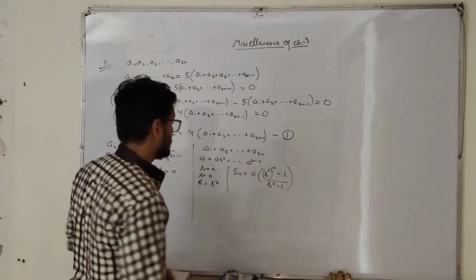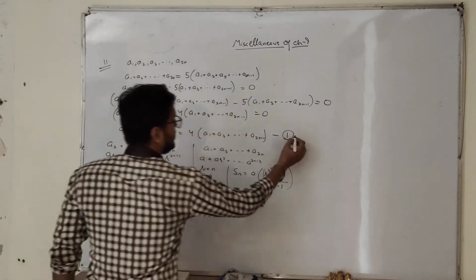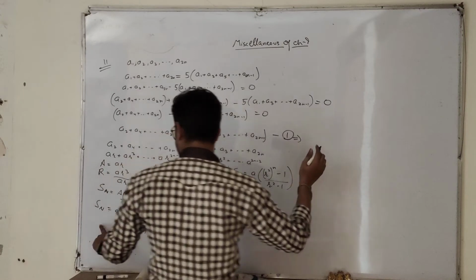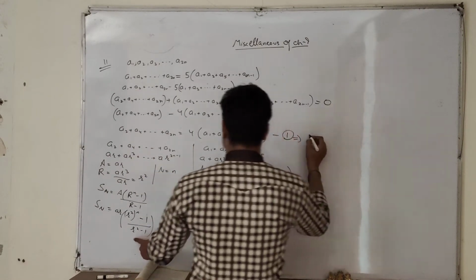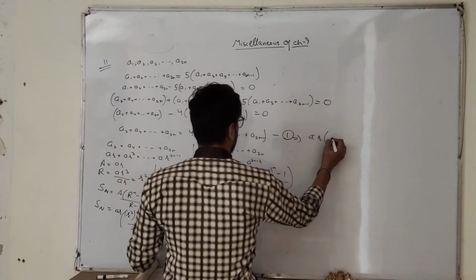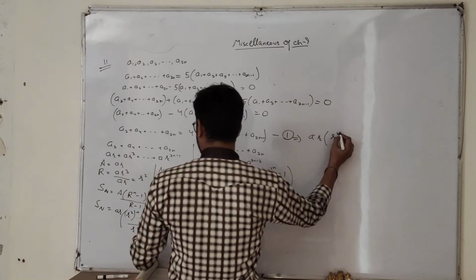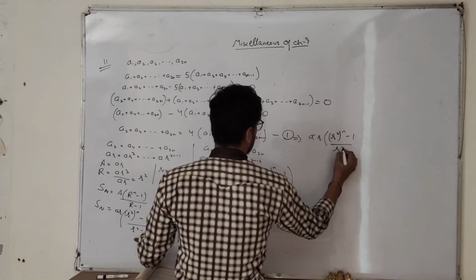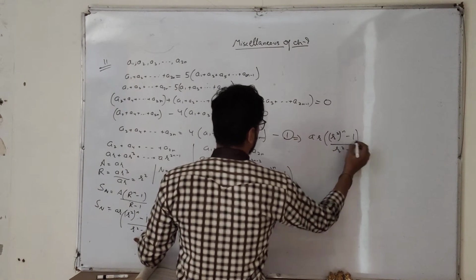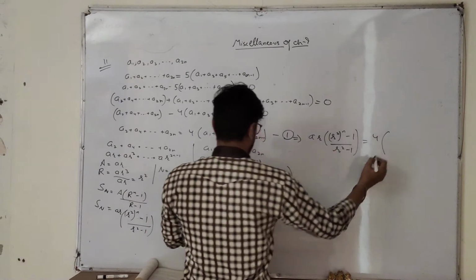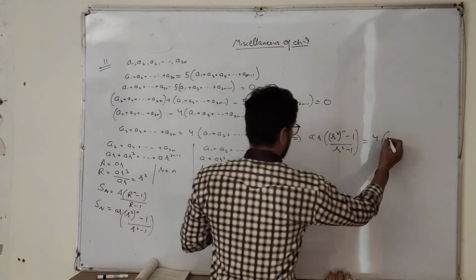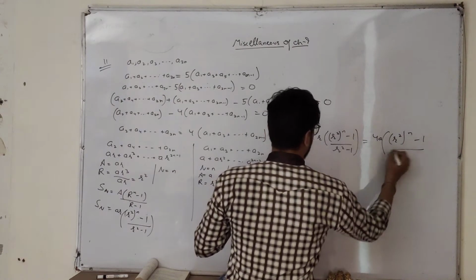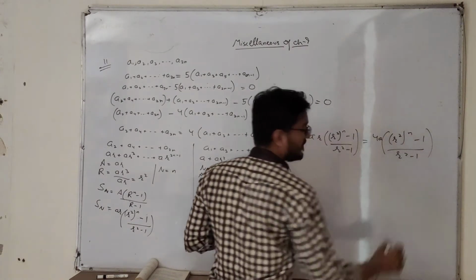Putting these values in this expression: ar times (r square raised to the power n minus 1) upon r square minus 1 is equal to 4 times a (r square raised to the power n minus 1) upon r square minus 1, right?